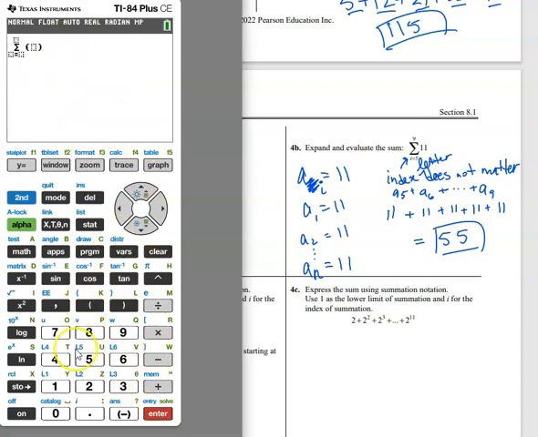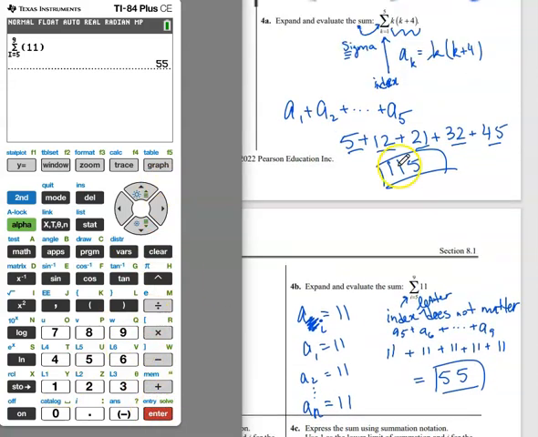In this summation, we're allowed to put any letter for an index that we want. I'm going to put the letter i, to make it match perfectly what we have there. I goes from 5 to 9, and our sequence goes 11. And it's going to add up to 55.